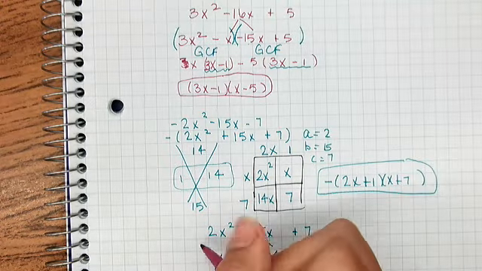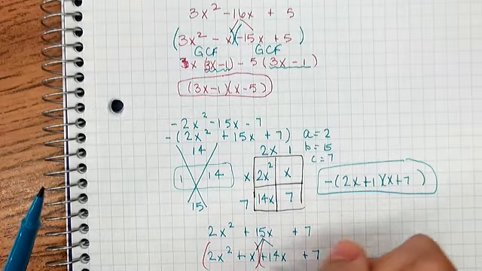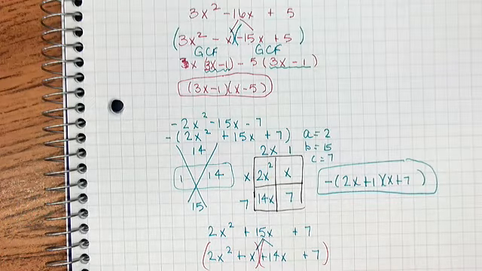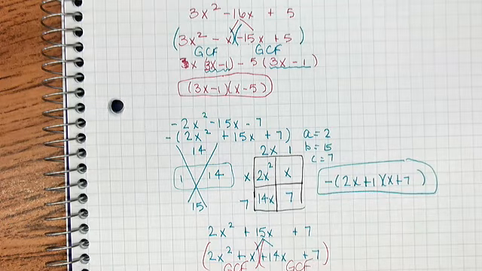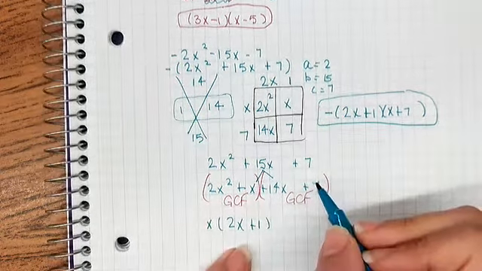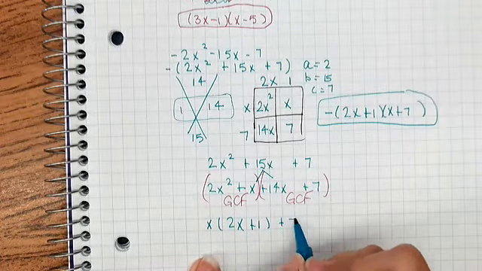Group. So again, the GCF for each group. GCF is x. That leaves you with 2x plus 1. The GCF is 7.